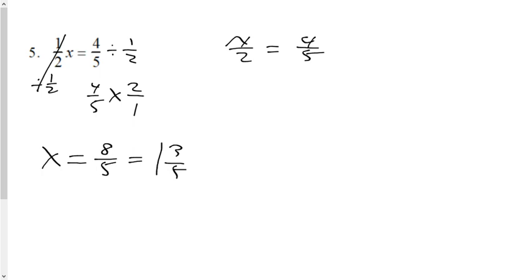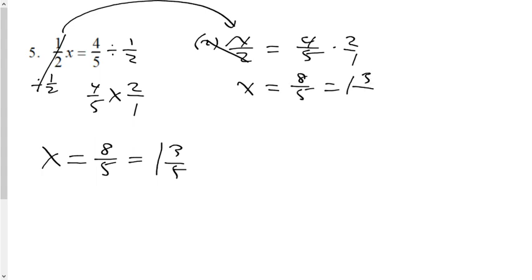If you rewrote the half of x like this, you would be multiplying by 2 right away, and your x would equal 8/5 or 1 3/5, depending on how you interpret it. So either way, if you're dividing by a half or multiplying by 2, they are the same operation in terms of the value of an equation.